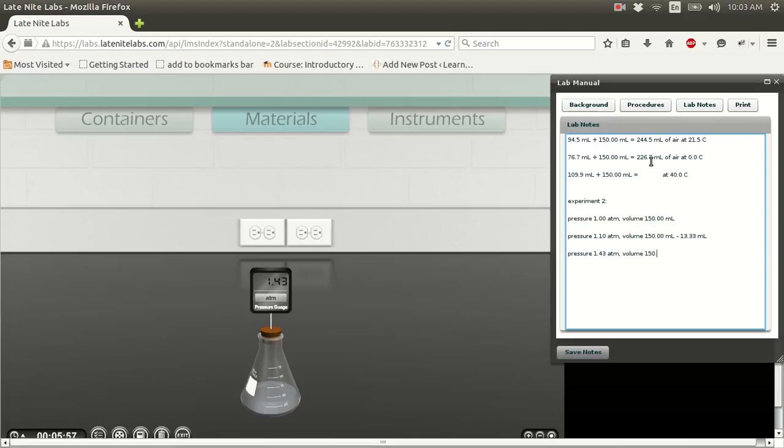The volume is 150 milliliters minus 13.33 milliliters minus, I just put 31.62 milliliters of water in there, so that's what the volume is going to be. Maybe I should do the subtraction now rather than later, huh?